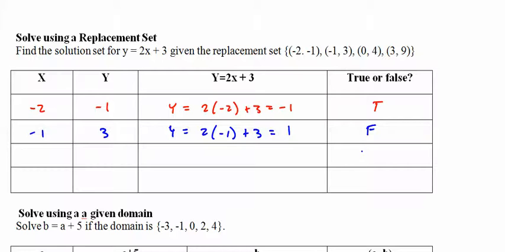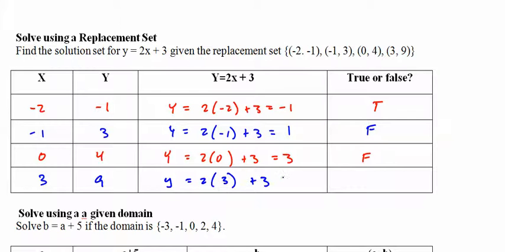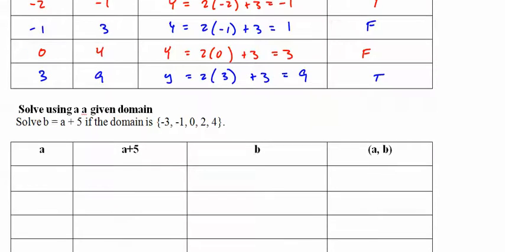That's false. 0, comma 4, y equals 2 times 0 plus 3 is also false. Last but not least, 3, comma 9, y equals 2 times 3 plus 3 equals 9. That's true. Just more practice.